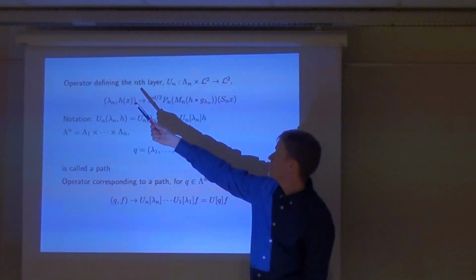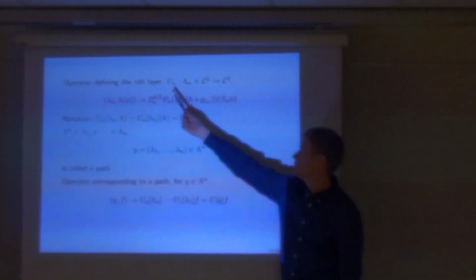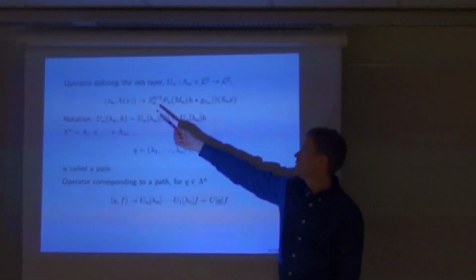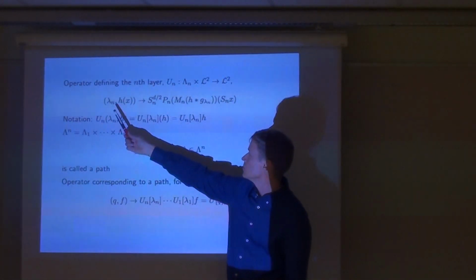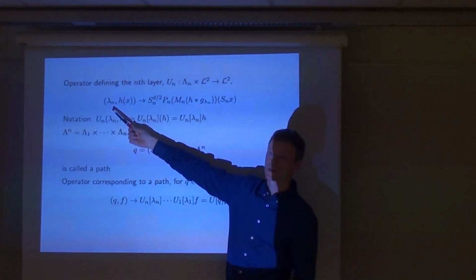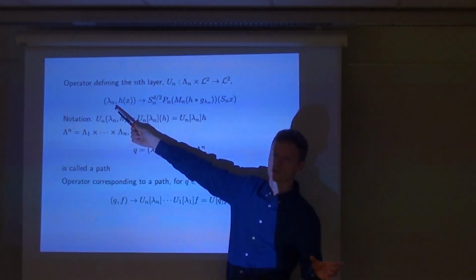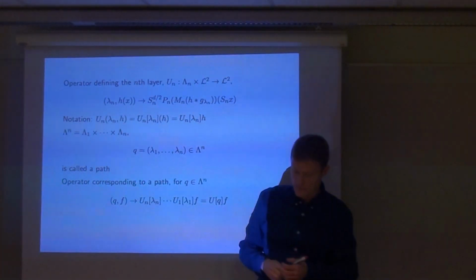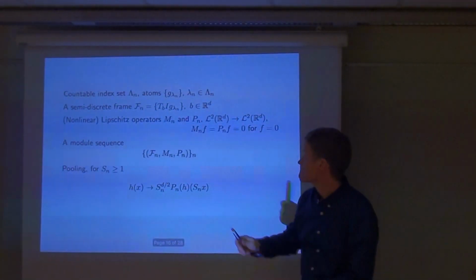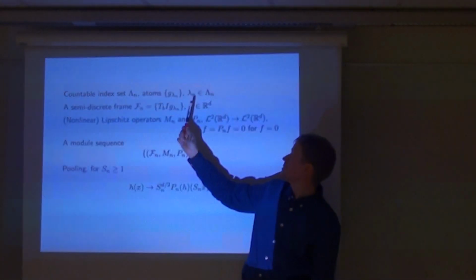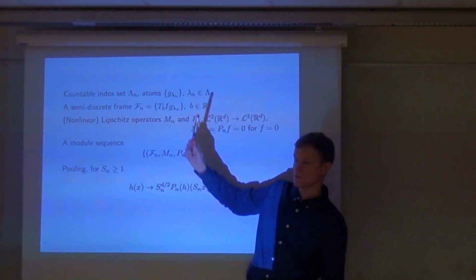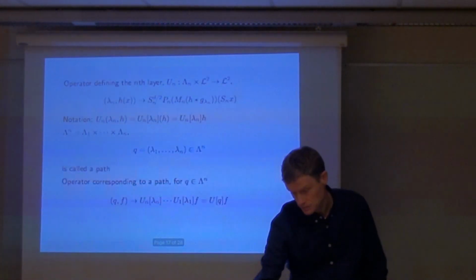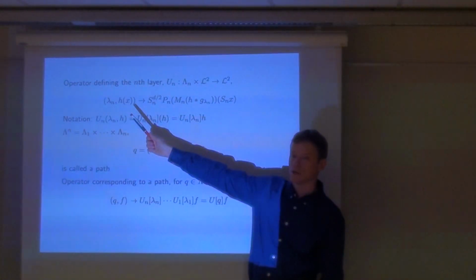So the nth layer is defined by an operator Un that takes an index from the index set, let's say pick one index, and a function h.